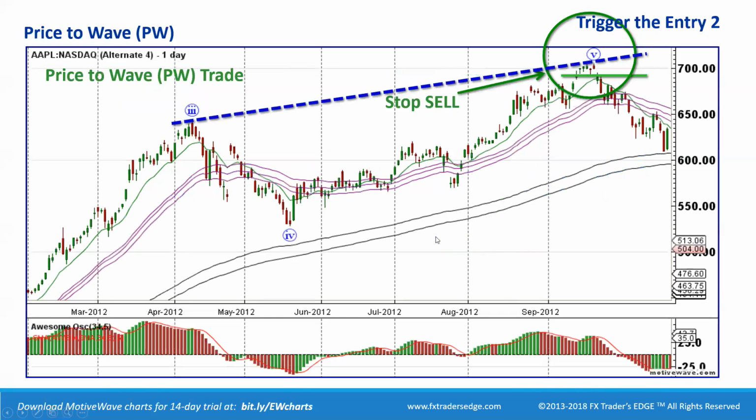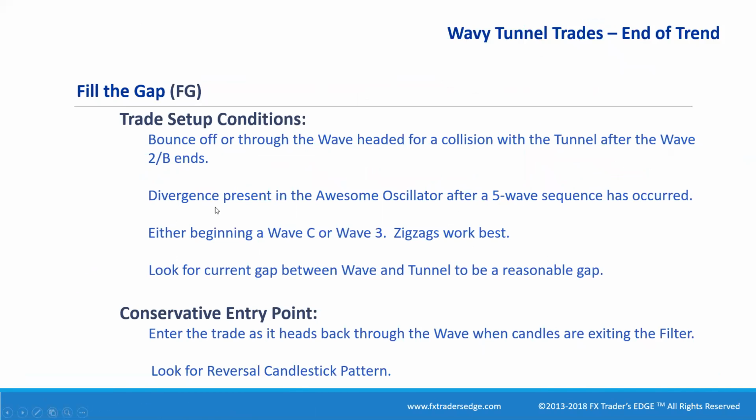And these are the examples that we looked at. Fill the gap. These are the trade setup conditions. Bounce off or through the wave, headed for collision with the tunnel after the wave 2 or B ends, so after we have the correction.